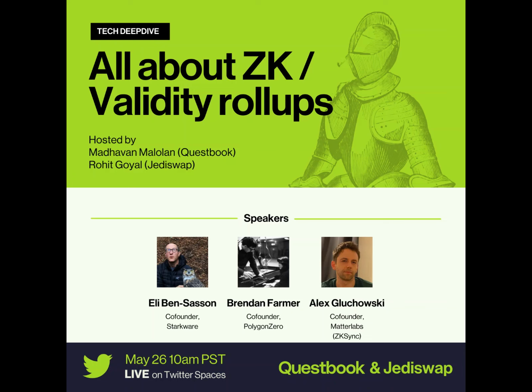So we can describe the difference between optimistic and ZK rollups. Optimistic rollups use fraud proofs, ZK rollups use validity proofs. ZK rollups verify every transaction beforehand. We use proofs of computational integrity to produce a succinct proof that we have processed a very large number of transactions.